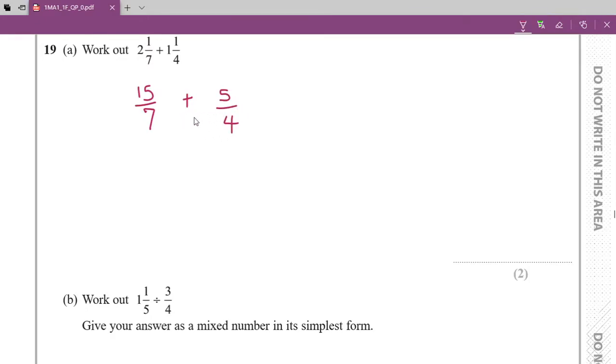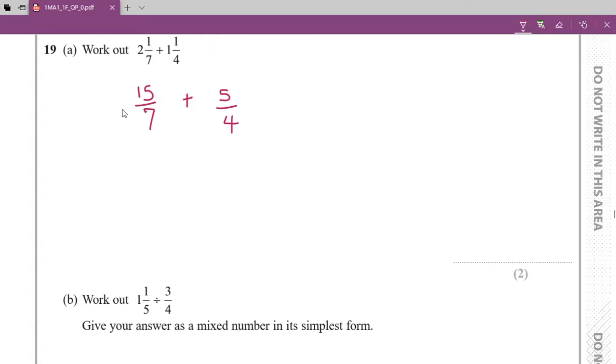Now we've got to add these numbers together. Now you will notice that these fractions have different denominators, so I can't add straight away. I need to change the denominators to have the same numbers, and to do that I multiply the 7 here, this fraction here, by 4 on the top and bottom.